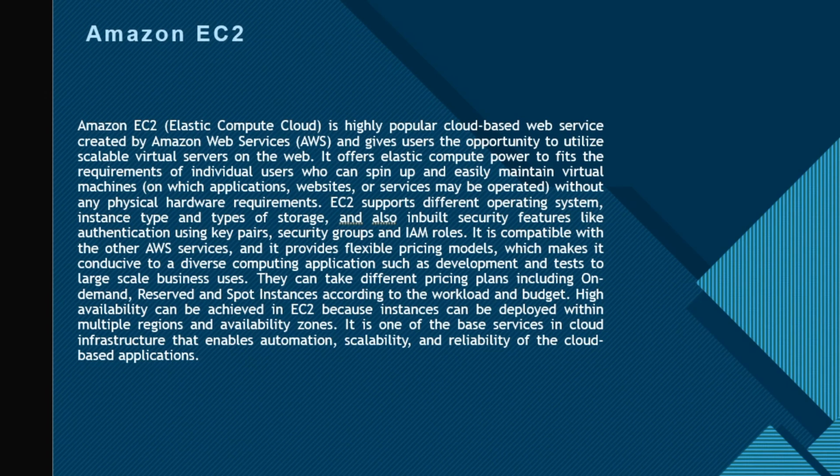EC2 also offers high availability, because instances can be deployed within multiple regions and availability zones. It is one of the best services in cloud infrastructure, enabling automation, scalability and reliability of cloud-based applications. Now the next slide will be taken by Saukya.